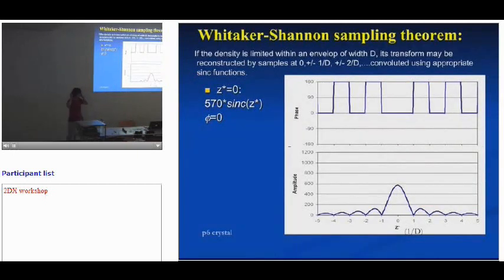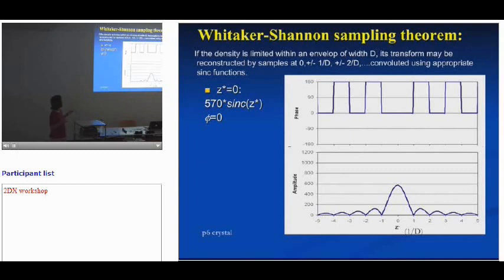So there's something called the Whittaker-Shannon sampling theorem. It's a very useful theorem for 2D crystallography. What it says is that if your density is limited within an envelope of width d, like what I showed before, then the transform may be reconstructed from values found at discrete points.